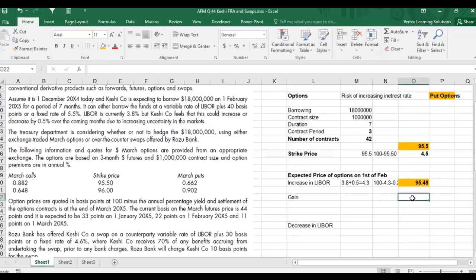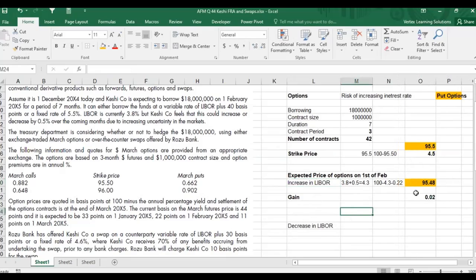And how much is the gain? The gain is 95.5 minus 95.48, 0.02, which means that there is a gain of 2 basis point if the interest rate goes up. Please understand, if LIBOR increases, then this is what we predict and what we forecast.